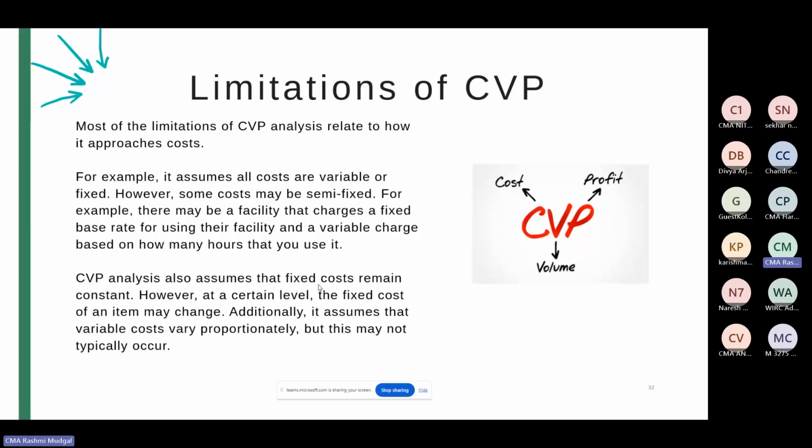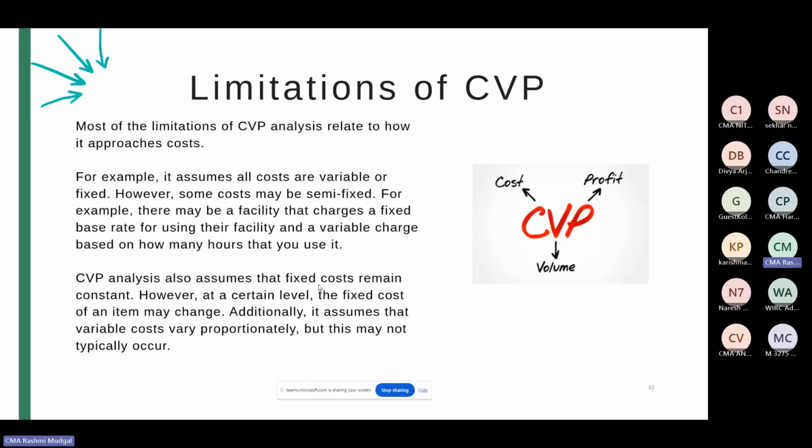But in the long run, both fixed and variable costs can change, and they can change even in the short term, because of government policy, because of elections, and many other things.